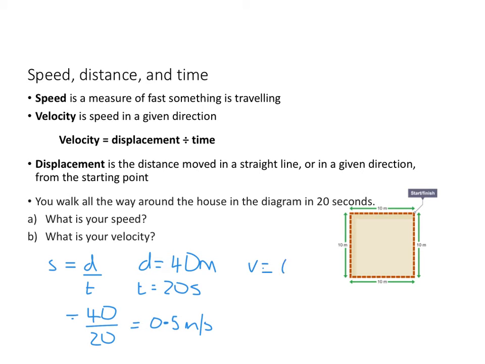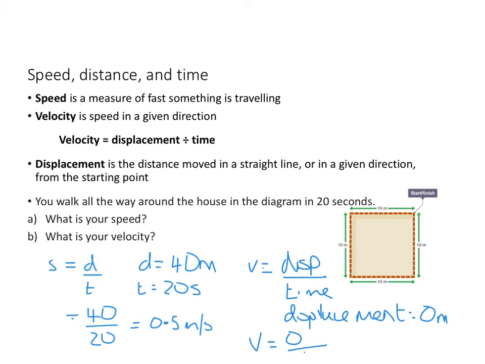Velocity equals displacement over time, but displacement equals 0 meters, so our velocity is 0 divided by 20, which gives us 0 meters per second. Because we've ended up at the same place, we haven't moved away from our start point, therefore our displacement is 0.